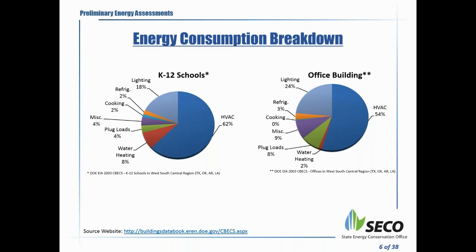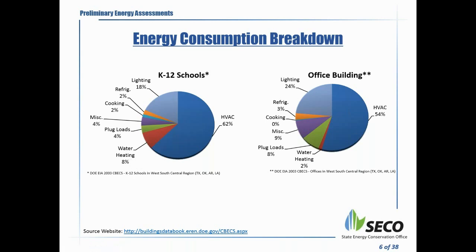A common theme is that on both the school side and the office side, the majority of the energy is used to support HVAC operations. Then the second highest energy use is lighting, and then you will see other uses like refrigeration, cooking, plug loads, and so on.